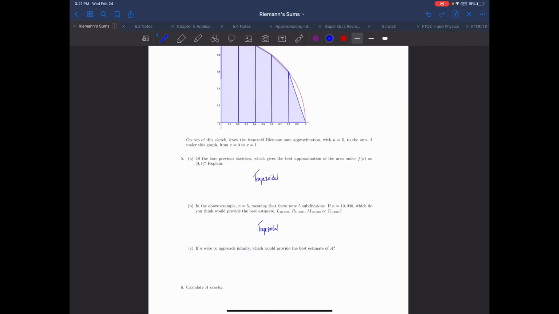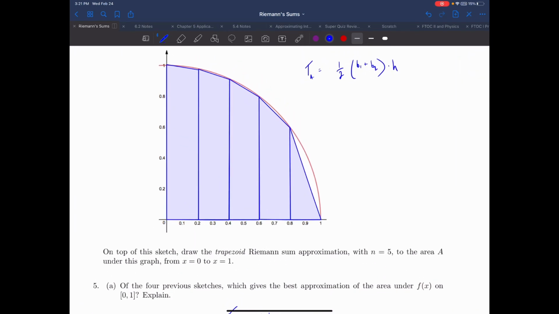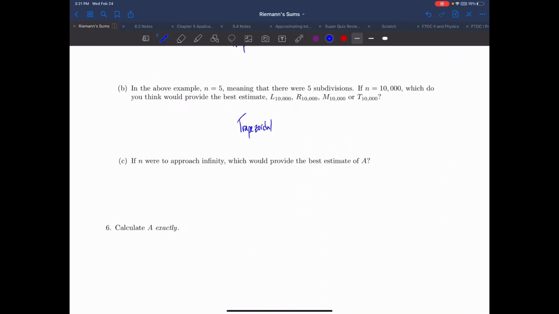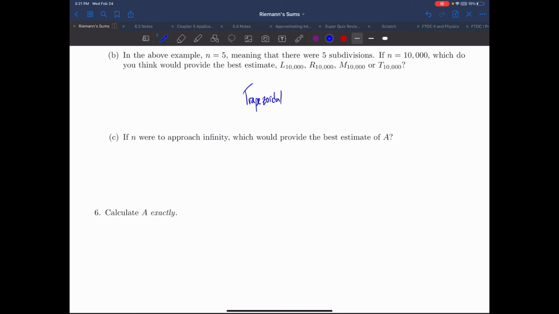You can pretty much see in this that if you had even more divisions of trapezoids, you're going to fill all of this little white space up here under the curve. 10,000 is a lot of those. So the C question is really where we're headed with this. If n were to approach infinity, what would provide the best estimate of A? Well, the best estimate of A would be all of them.